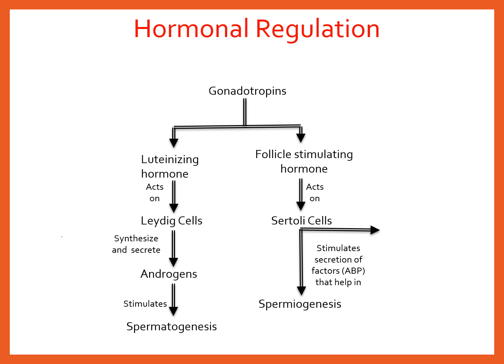The Sertoli cells, along with secreting these factors which help in spermiogenesis, also secrete the inhibin, which will inhibit the synthesis of follicle stimulating hormone. Similarly, the excess of testosterone will inhibit the luteinizing hormone. Thus, the hormonal synthesis is regulated.